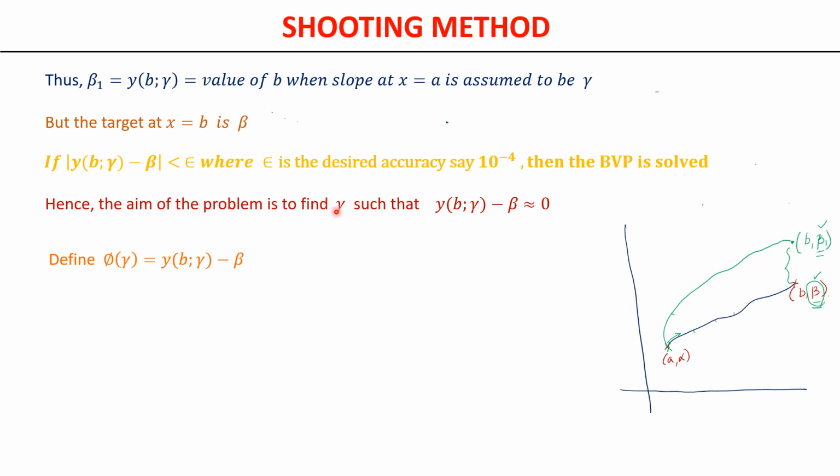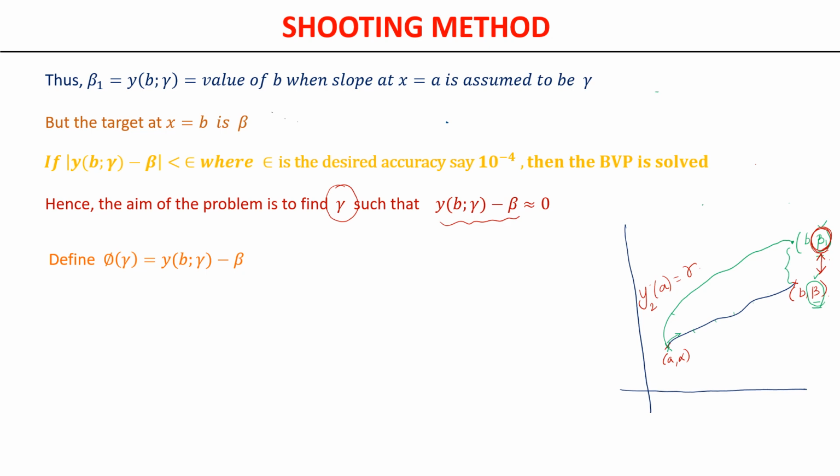The entire problem of solving the 2-point nonlinear BVP has now reduced to finding the value of gamma, such that by making the choice y2 of A is equal to gamma, the value that you get there is beta 1, and the gap between it and the target beta is very, very close. It is in the permissible limit. So the whole problem has now boiled down to finding the value of gamma.